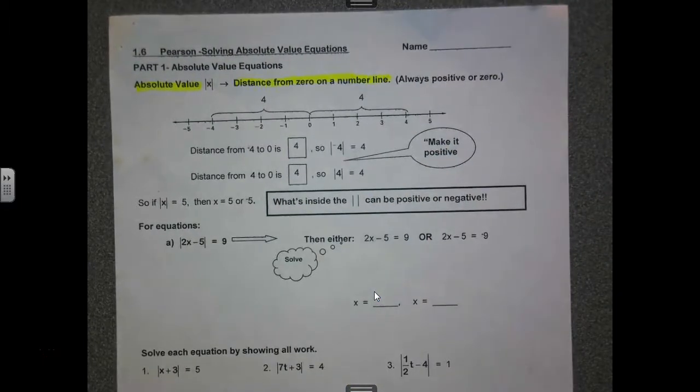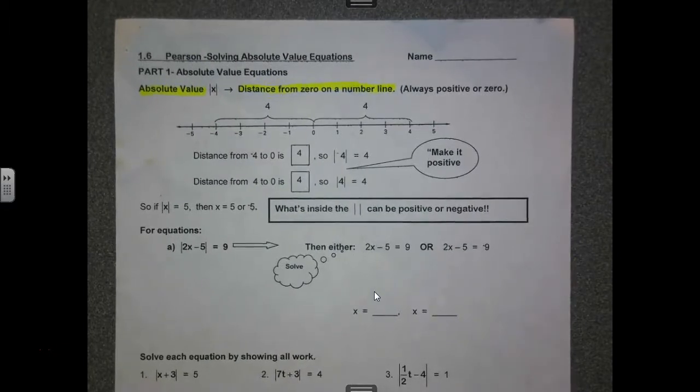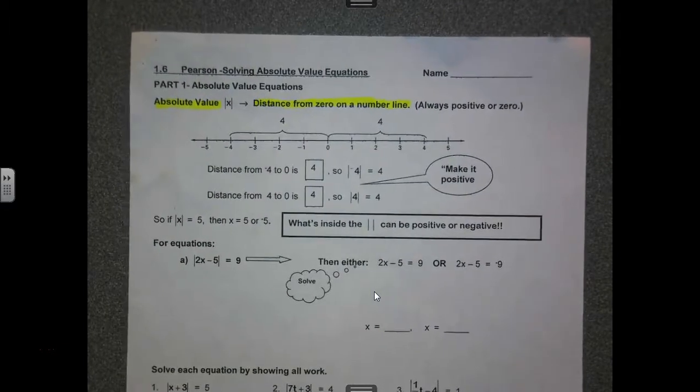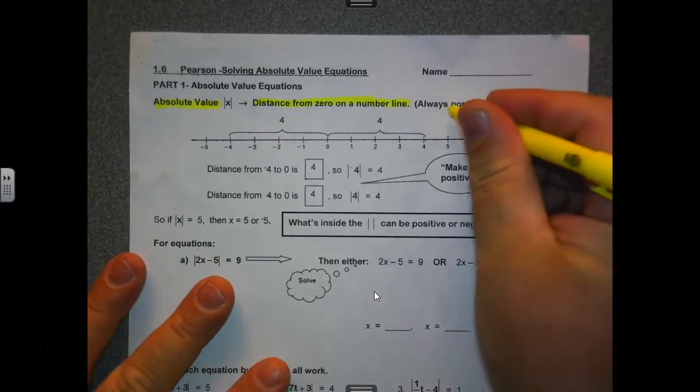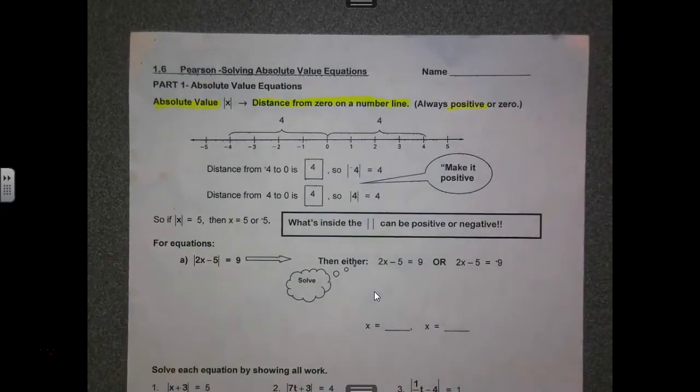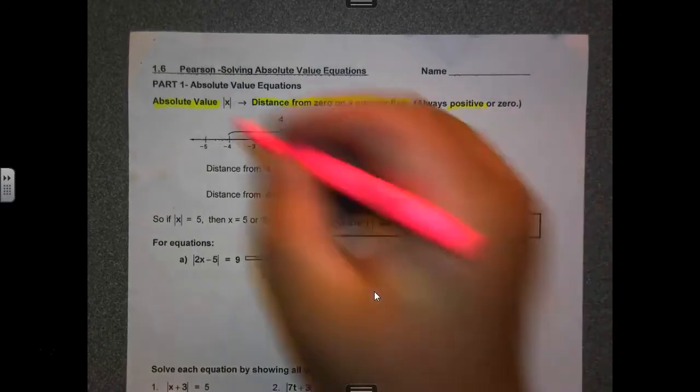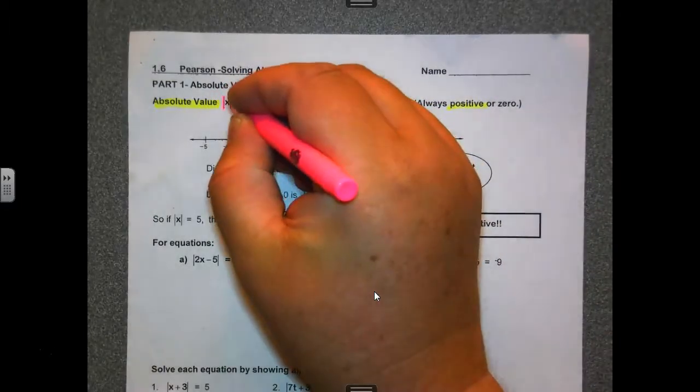Okay? Now, back when you learned absolute value, anything that comes out of those bars had to be what? Positive, right? What's the reason for that? Gentlemen, what's the reason for that? Why did everything have to be positive when it came out of those absolute value symbols? Okay, those bars.